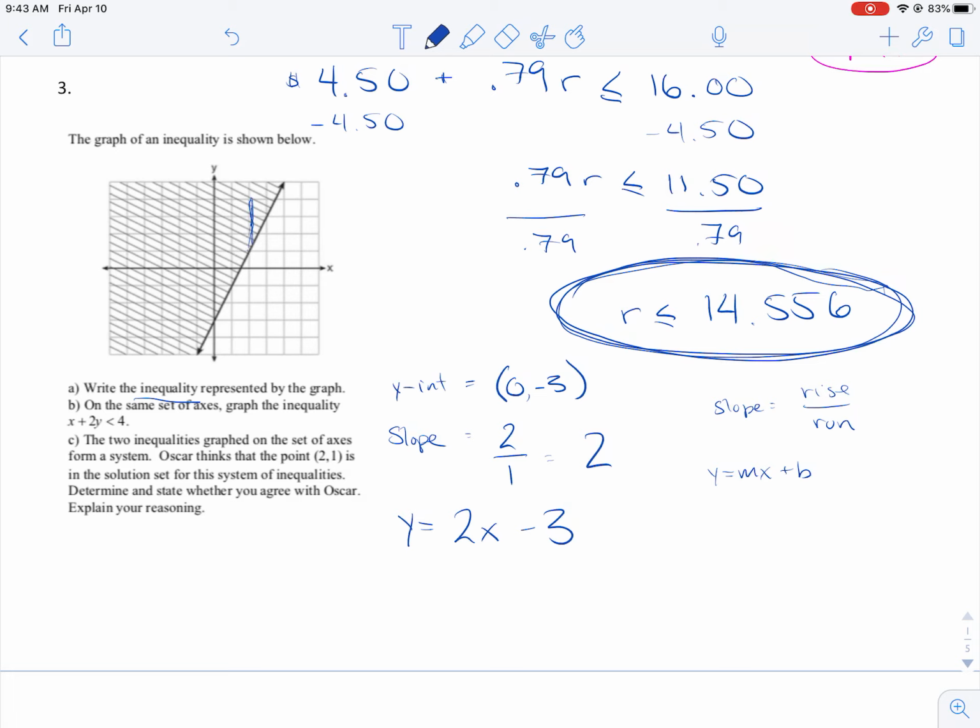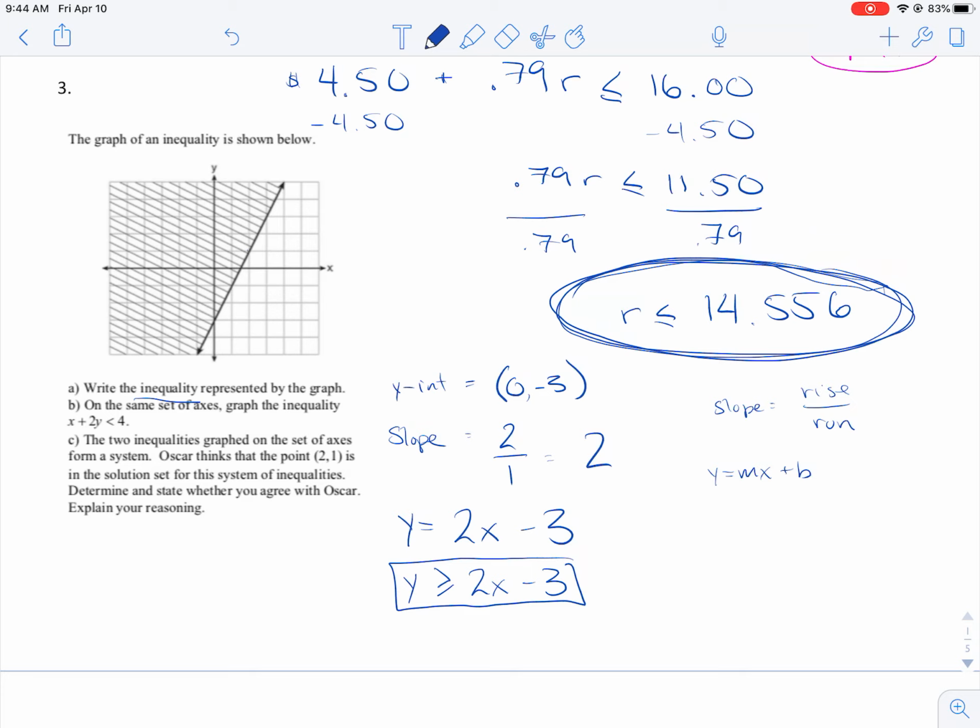There is our equation, but we need to write an inequality. So let's take a look. What side of the line is being shaded? Above the line or below the line? In this case it's above the line. And also, if you notice, it is a solid line, so y is going to be greater than or equal to 2x minus 3.